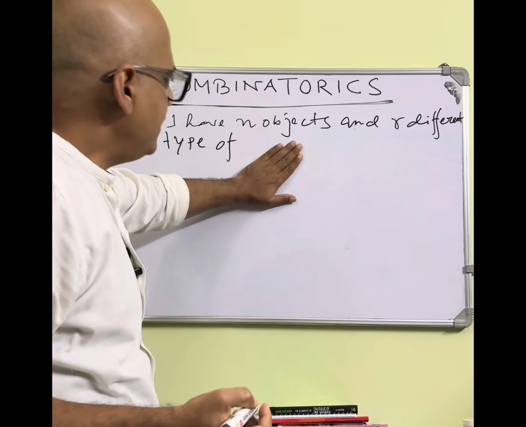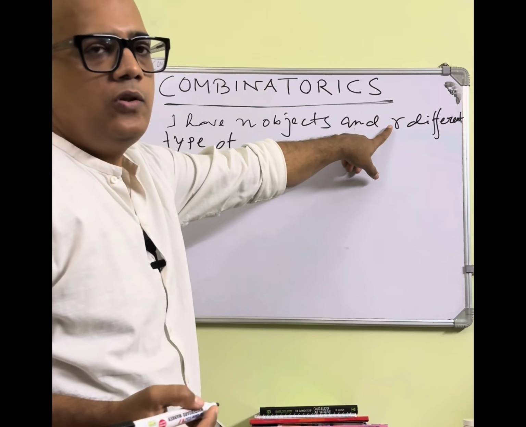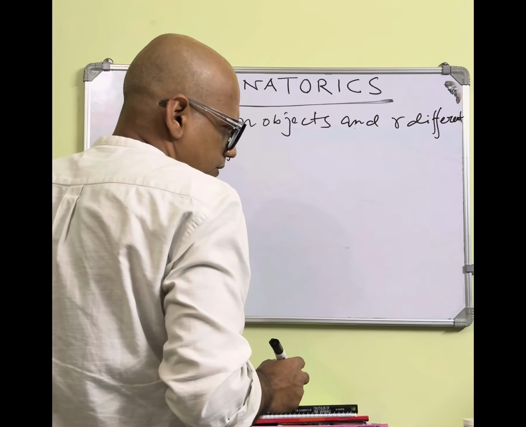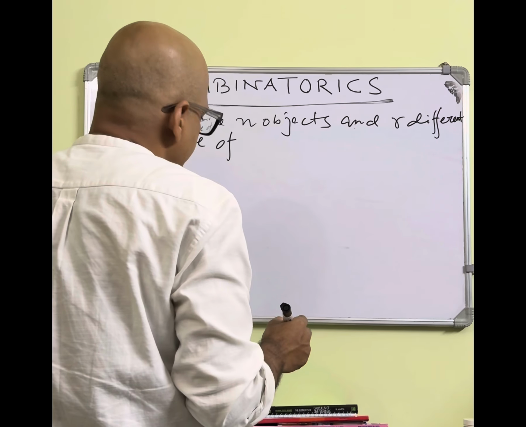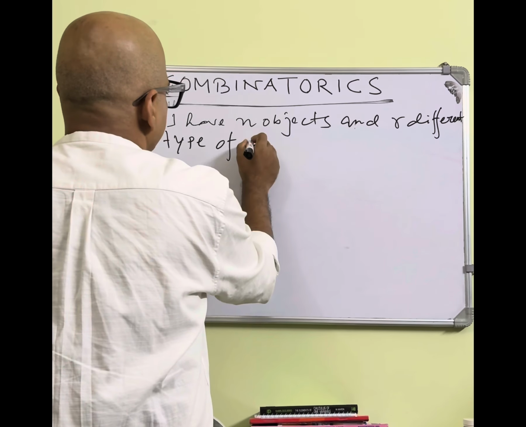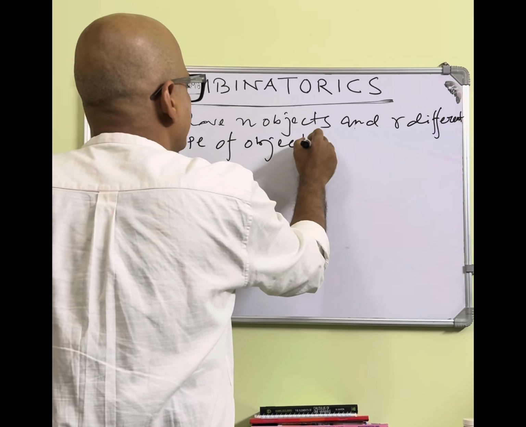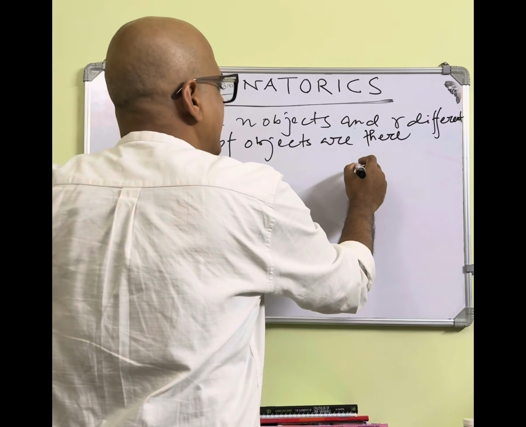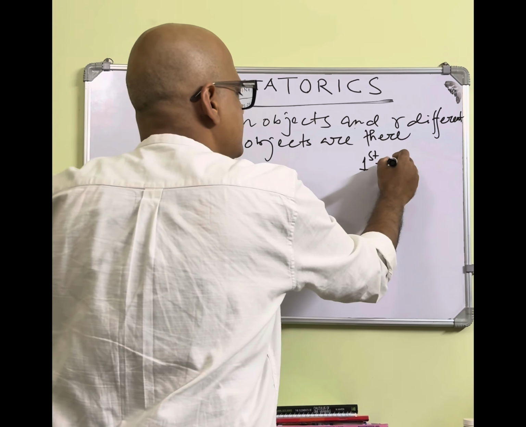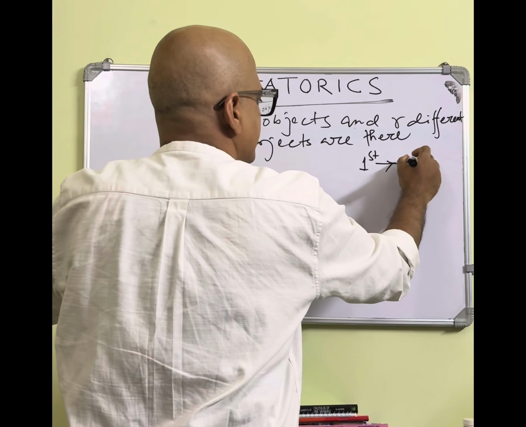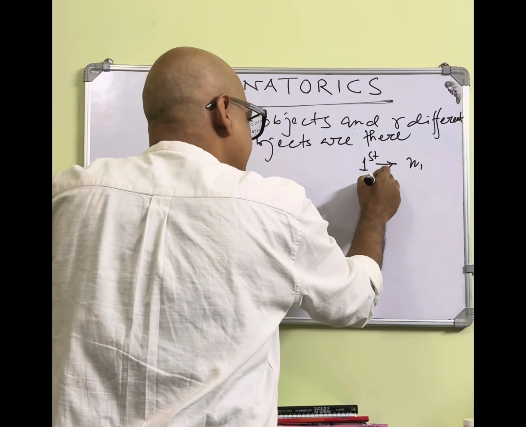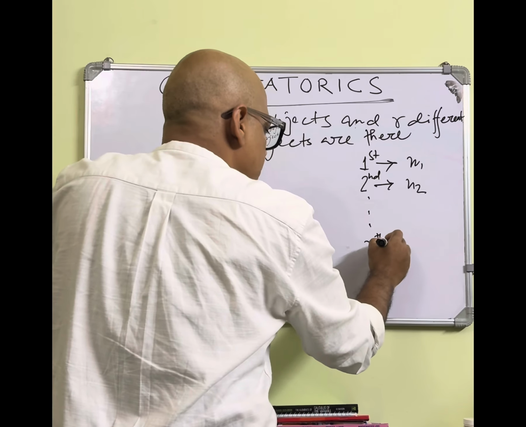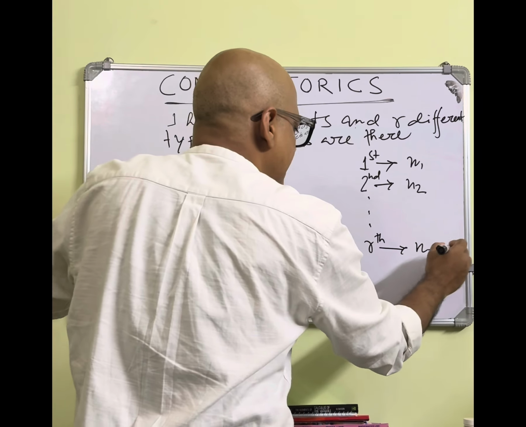Assume that the first object appeared n1 times, the second object appeared n2 times, likewise the rth object appeared nr times.